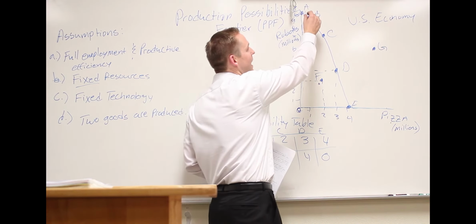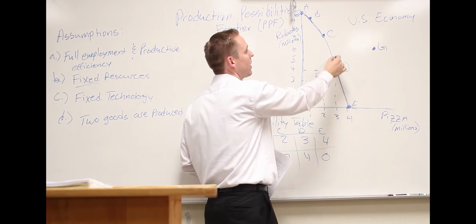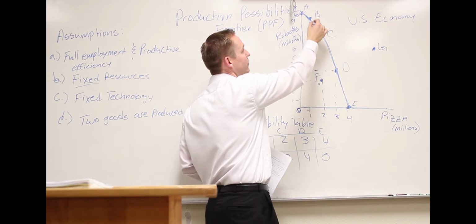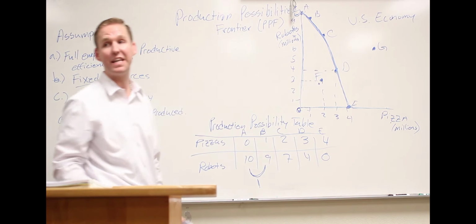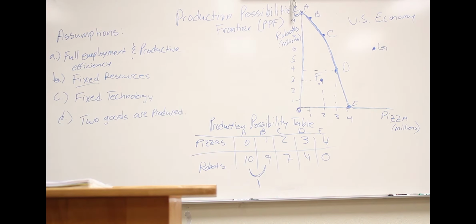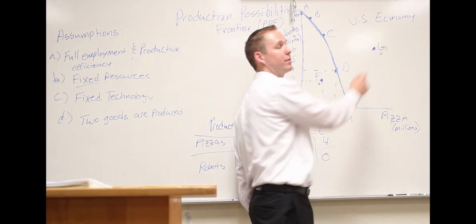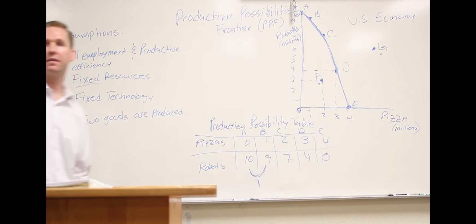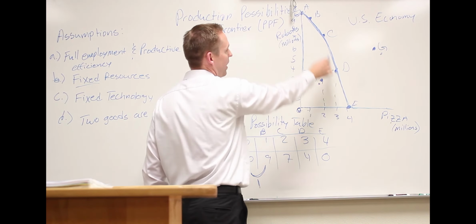So this line represents the only possible combinations using as much resources and technology as we can in the economy. Therefore, this point here, we can't produce, because we can only produce this. This is the only possibility.